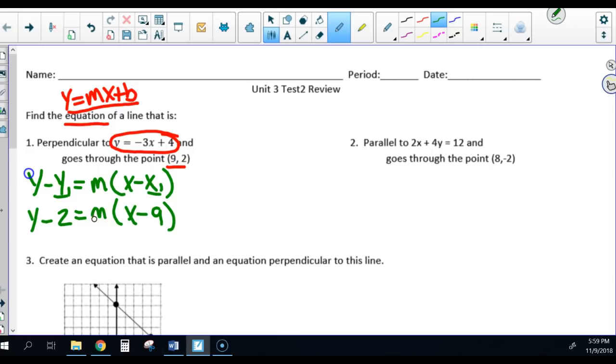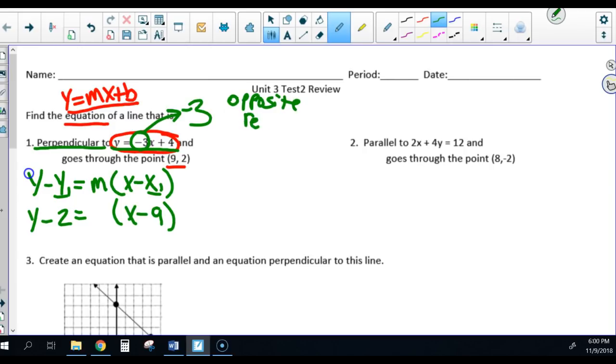The only problem is I don't know the slope of my line yet. I know it has to be perpendicular to negative 3x plus 4. Well, the slope of this line is negative 3. If my line is perpendicular to that, then it has to have opposite reciprocal slopes.